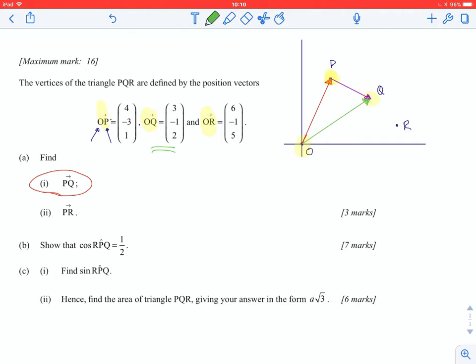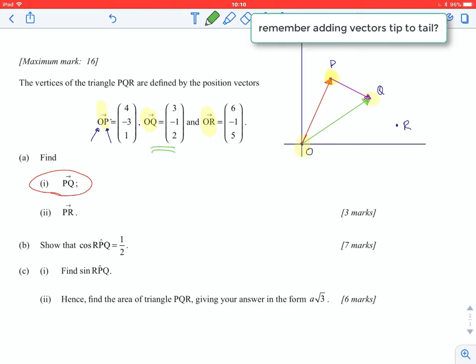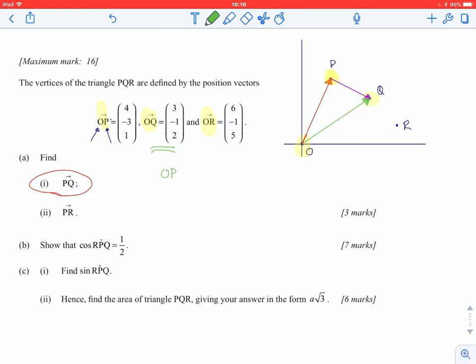At the tip of vector OP, we have vector PQ. And then we have a vector that is drawn from the tail of the first vector, OP, to the tip of the second vector, PQ. In other words, this is a graphical way of representing the vector sum OP plus PQ equals OQ, just because of the way we've drawn that.